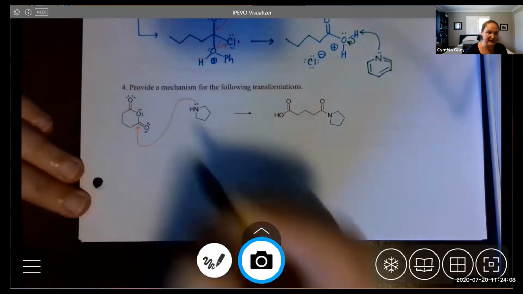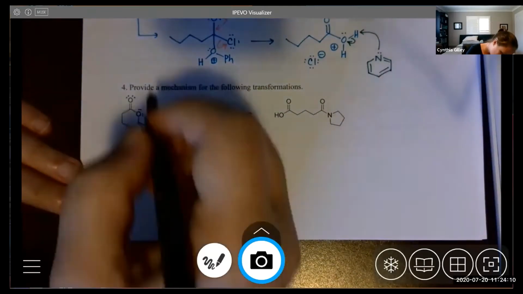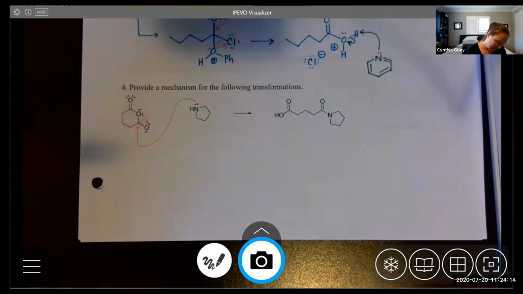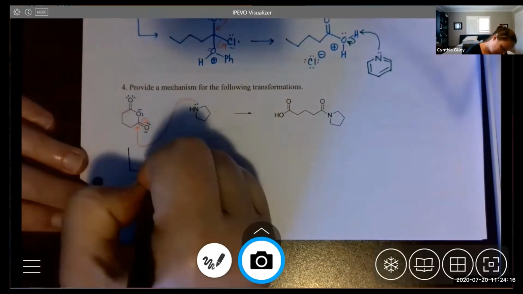I just think it's easier because there's more room there to do that attack. So I'll draw it this one. Okay, and let's see what we formed here.